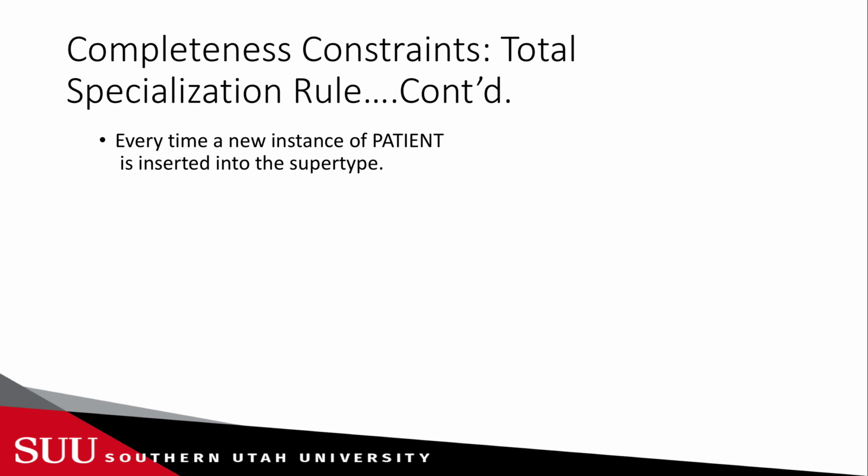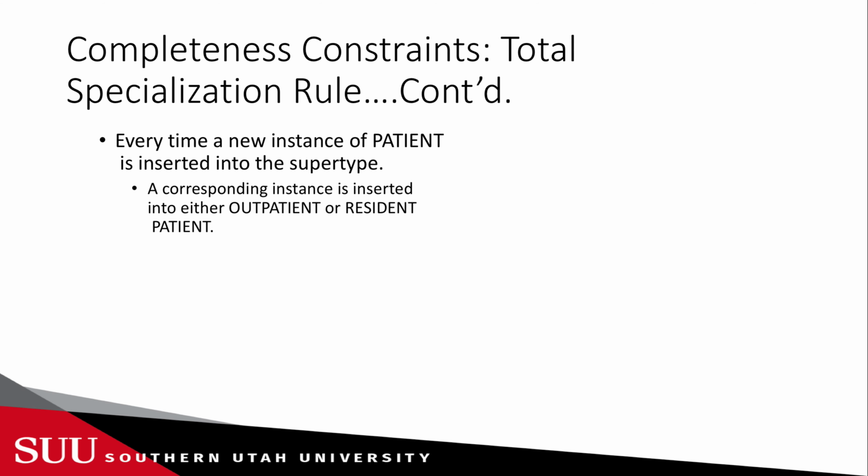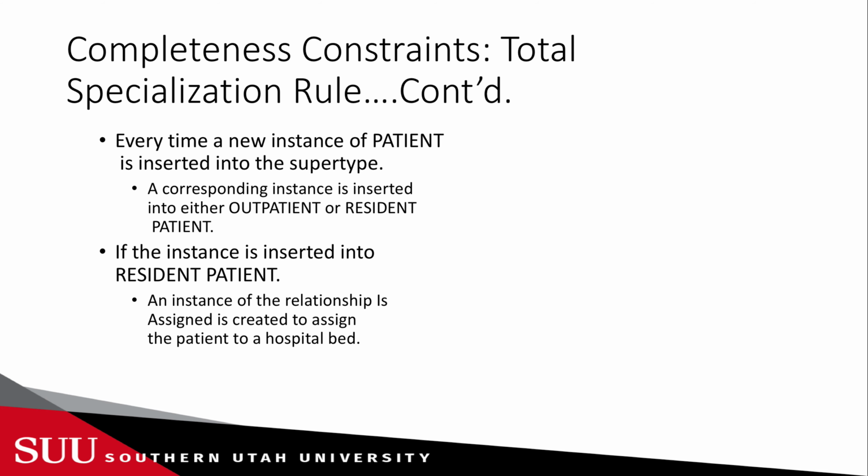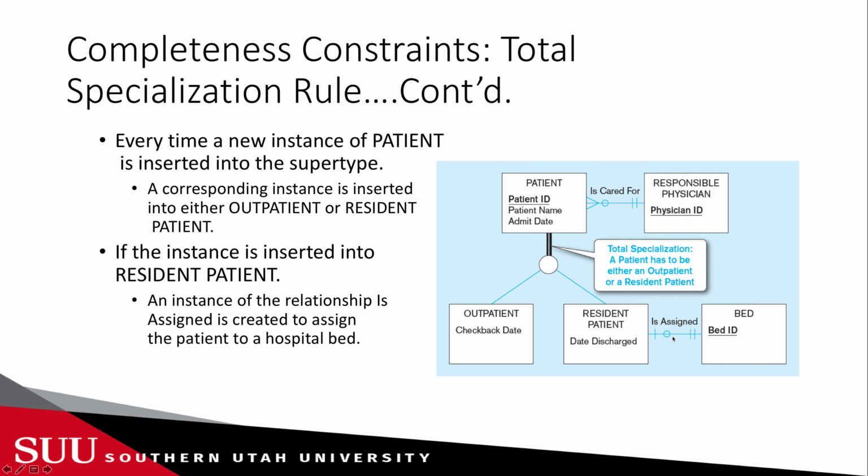Let's look. So every time I insert a new instance of patient into the subtype or supertype part of my database, a corresponding instance is inserted in either outpatient or resident patient. And whenever I insert something into a resident patient, remember we have this relationship here, which is assigned a bed. So an instance of this relationship is also going to be created and assigned, and this patient is going to be assigned a bed.